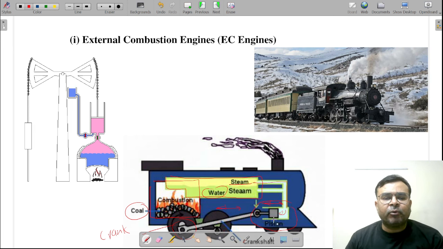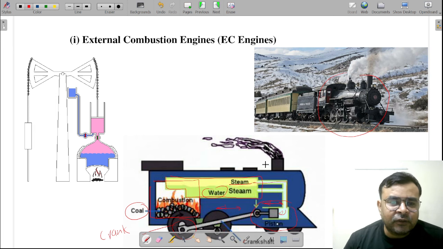Due to the reciprocating motion of the piston, this connecting rod also reciprocates, and this is connected with the crankshaft. Once the reciprocating takes place, the crankshaft starts rotating, and because of this rotation you just run the train. Is it right? So this is a typical external combustion engine based railway.